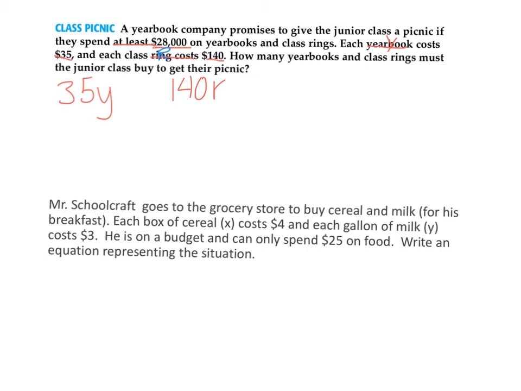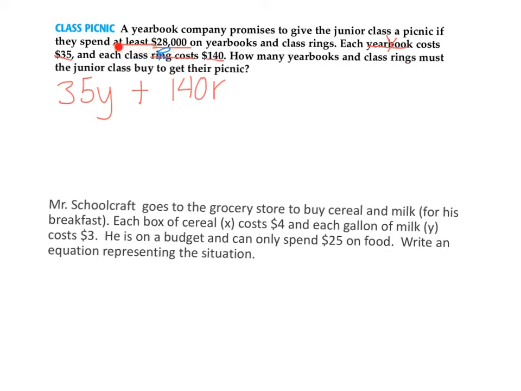Okay. So the total amount spent is going to be given to us by adding the amount we spent on yearbooks plus the amount that we spent on rings. And we want that total to be at least $28,000.